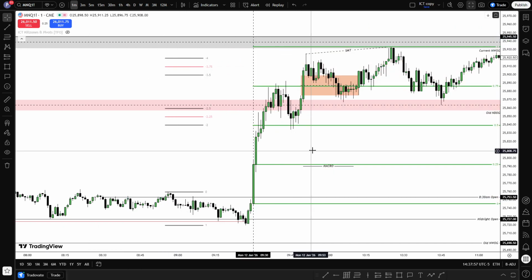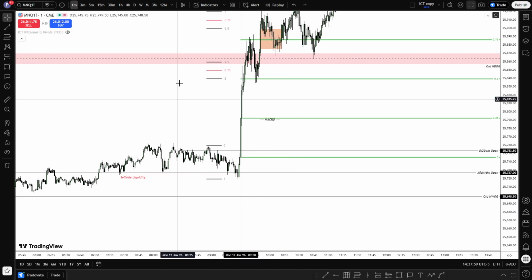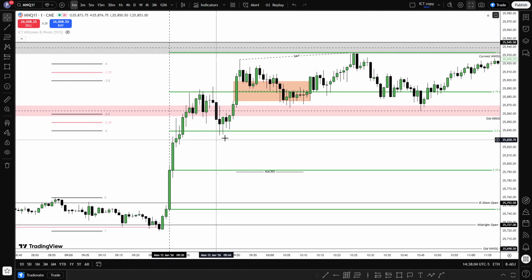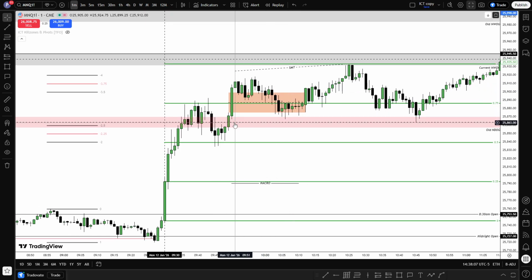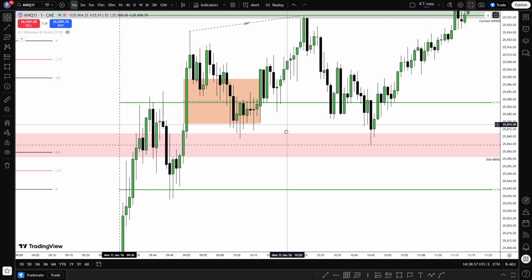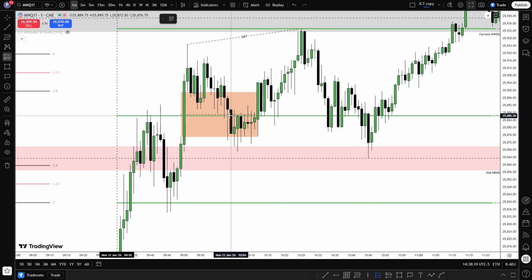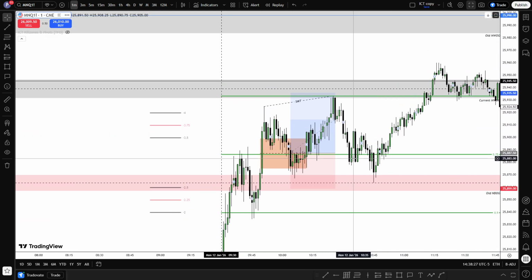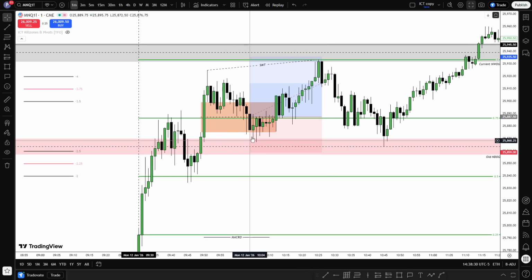So price went into the CE of the opening range gap, then went higher, market structure shift to the upside, start of the macro rally up, then retrace into this bullish fair value gap, retrace into the new day opening gap. Yeah, so you could take your long from CE. You can use this as a breakaway gap because we don't expect price to retrace too far into this price move.